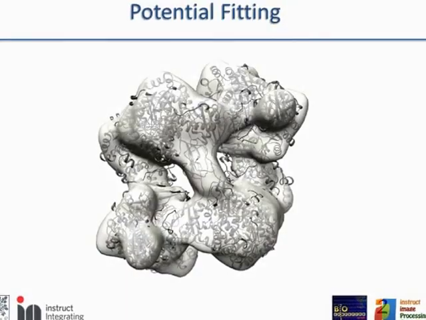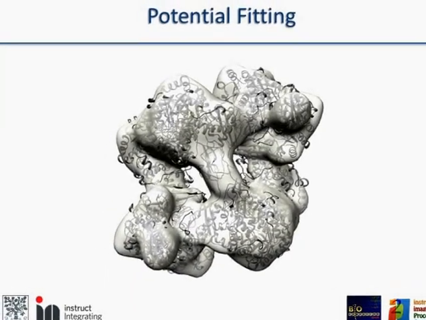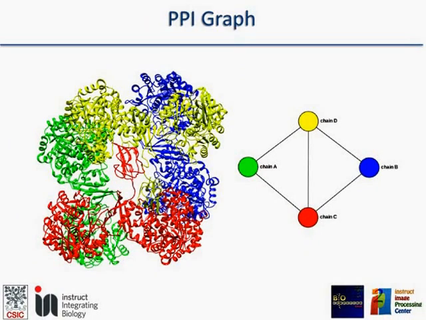So, imagine that we have this potential fitting. The first thing that we do is generate the protein-protein interaction graph. What we can see here is that each node represents one chain in our complex, and the edges are the interactions between the chains.